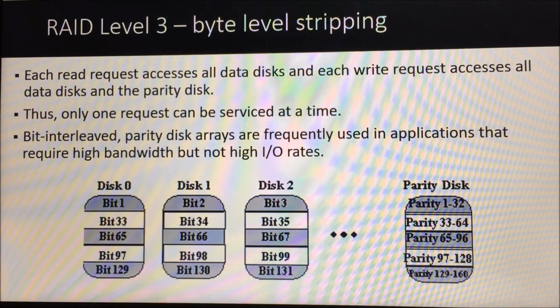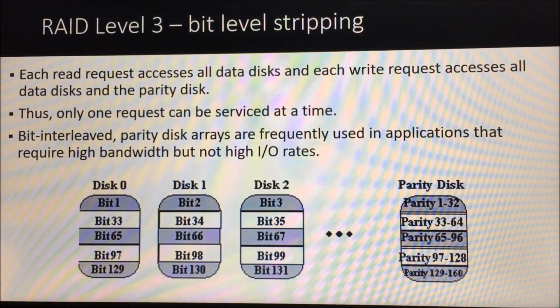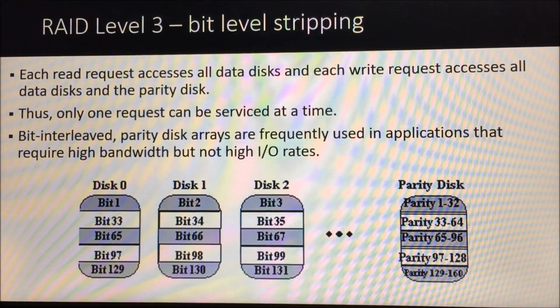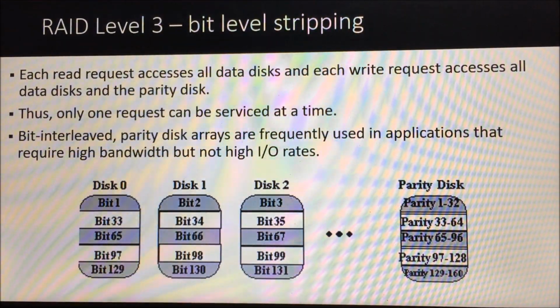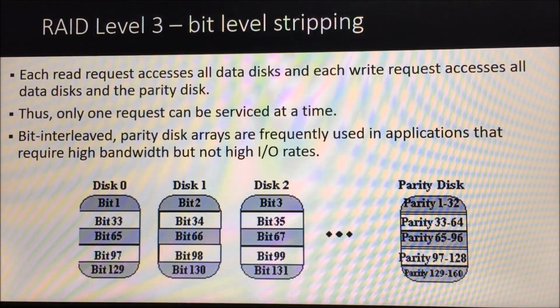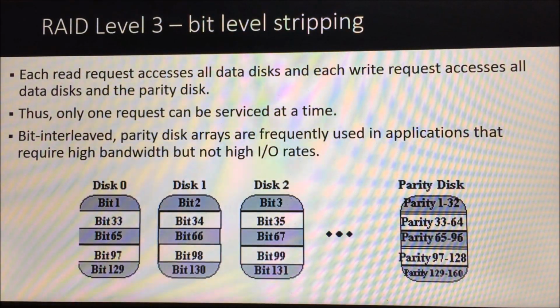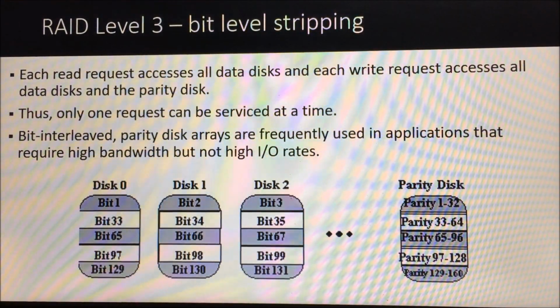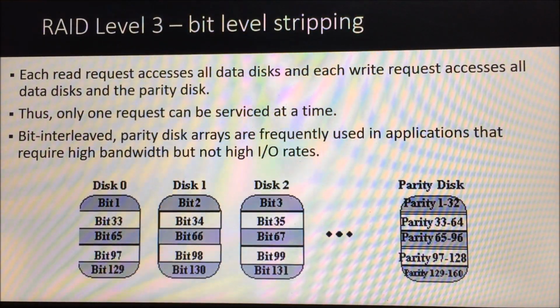The next one is RAID level 3. Even in RAID level 3, only bit level stripping is followed. As we already said, the first bit will go to disk 0, the second bit to disk 1, the third bit to disk 2, and so on. Now instead of using Hamming code, we are using parity to maintain the redundant data.